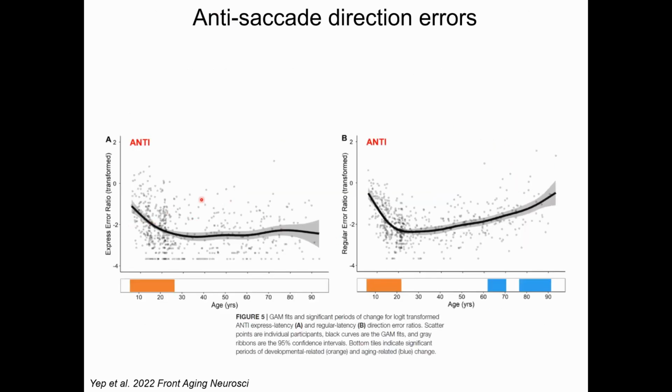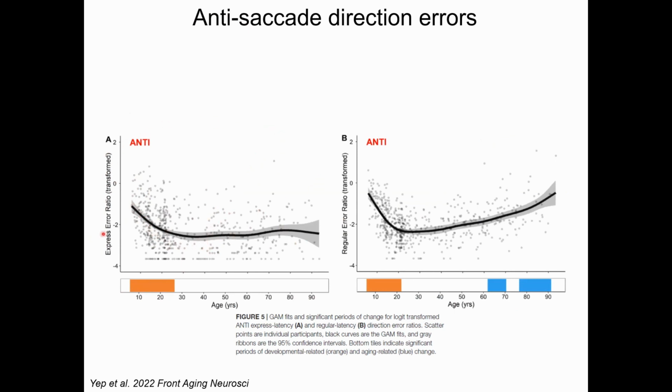This shows now how we fit a model to this. So this is log transformed error rates here. So it's a bit arbitrary what these units are. But as this number goes down, it means less and less errors.